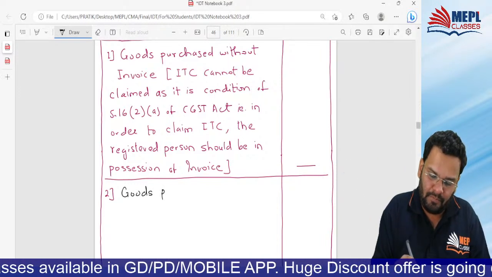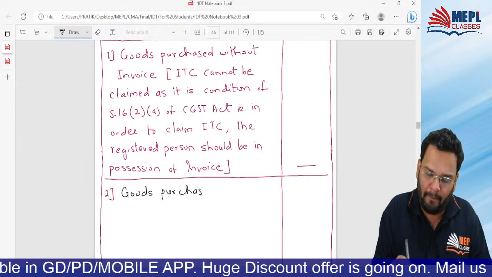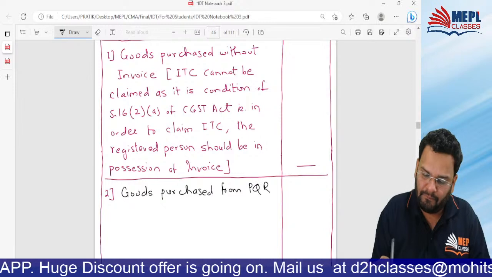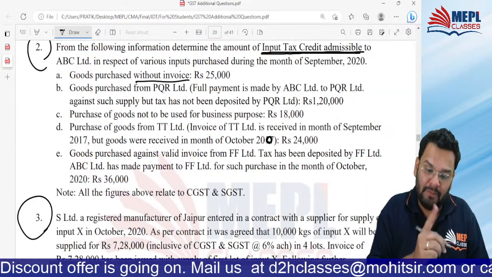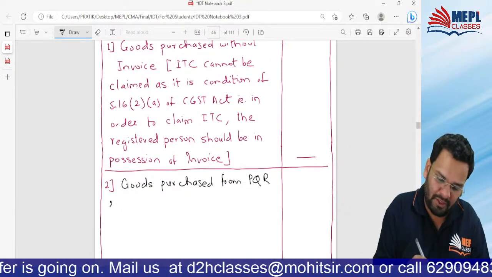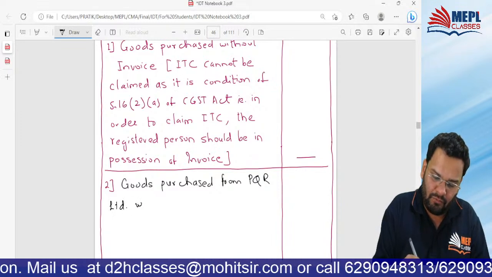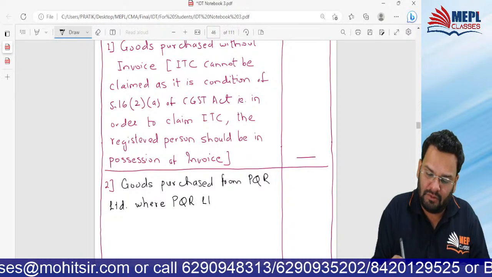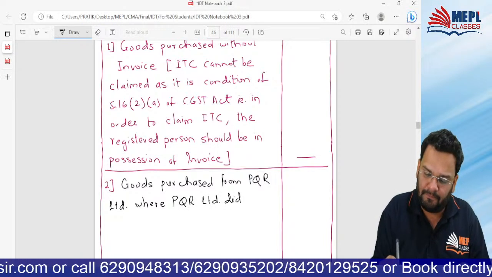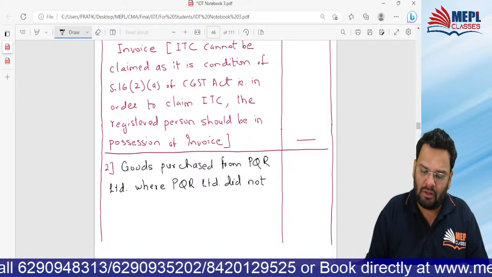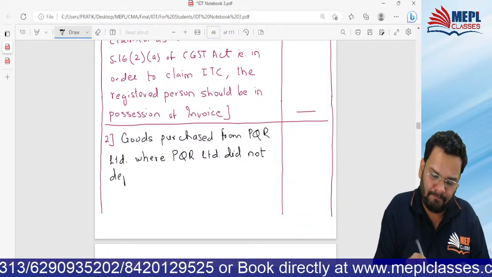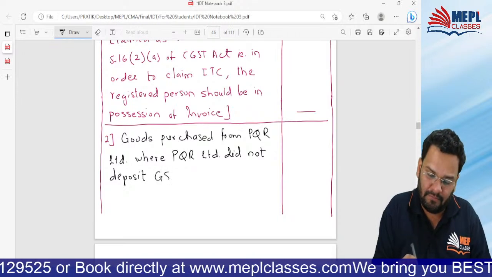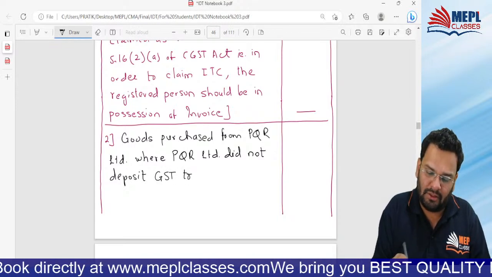Goods purchased from PQR Limited, where PQR Limited did not deposit GST to the government.